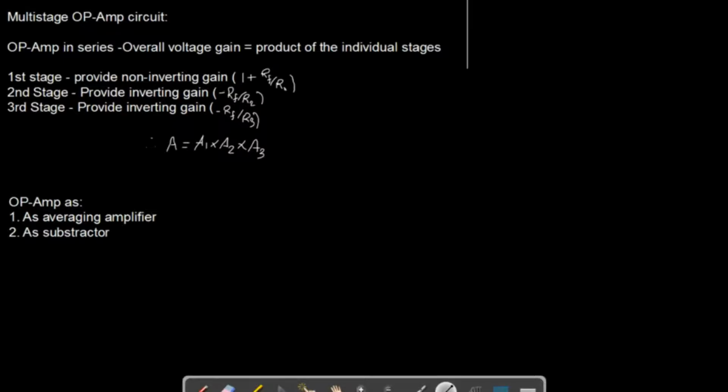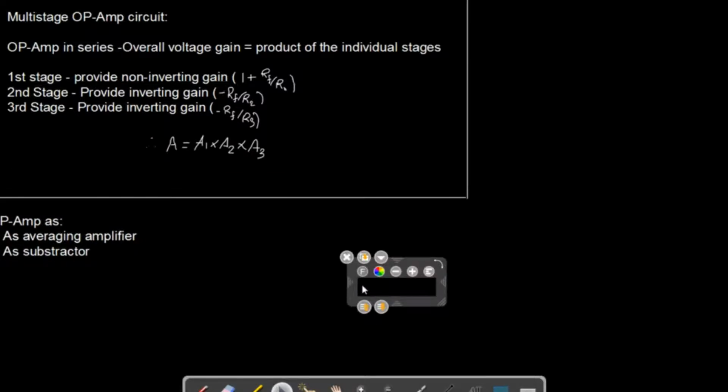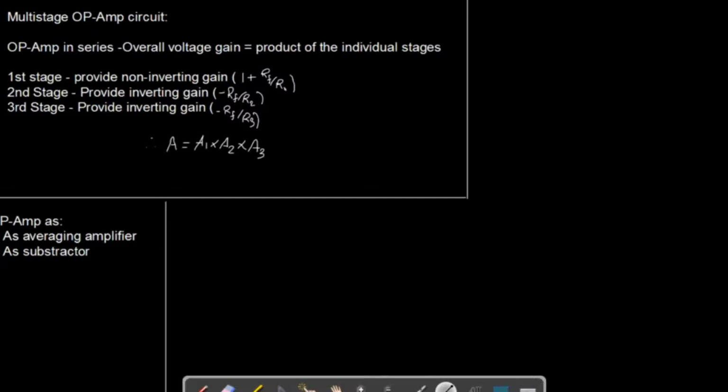Let me just box this. This is a different topic, and what we're going to do now is something different again. If we talk about an averaging amplifier, first let me draw the circuit, and then we can move on.